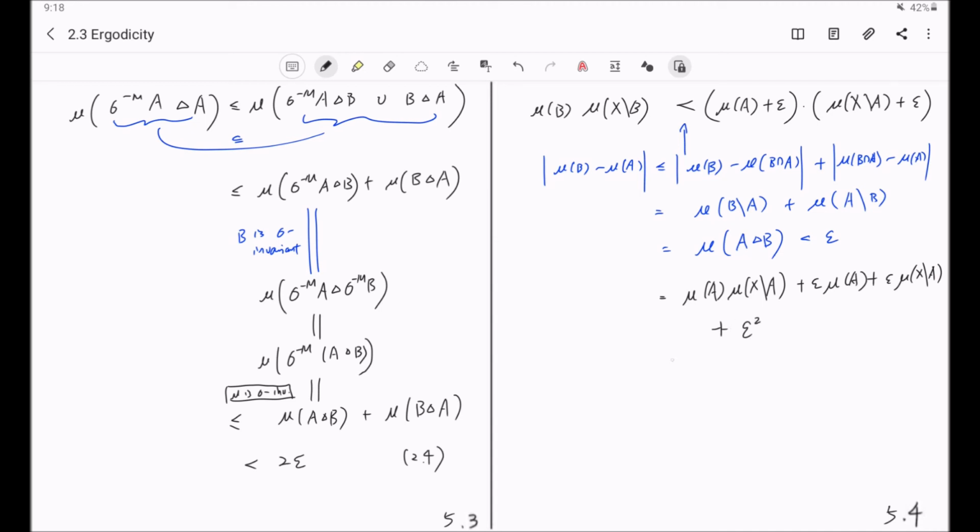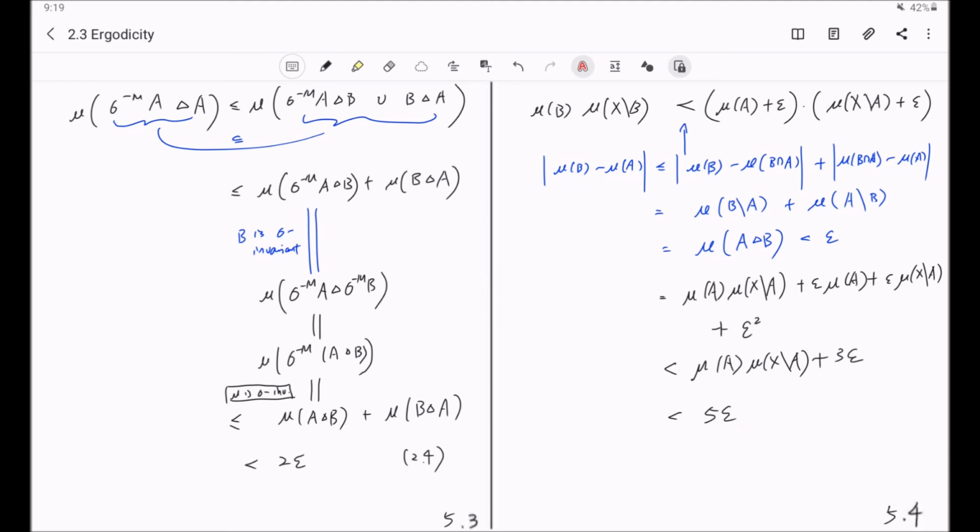And this is less than, remember, the epsilon is less than 1 by our assumption at the beginning. We can always choose the epsilon to be very small. And those two guys are both bounded by 1 because the measure is a probability measure. So the last three terms are just bounded by 3 epsilon. And the first part is bounded by 2 epsilon. So they are bounded by 5 epsilon.